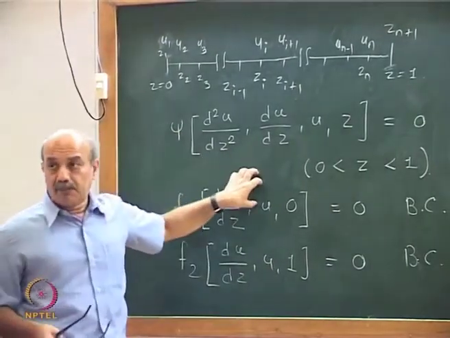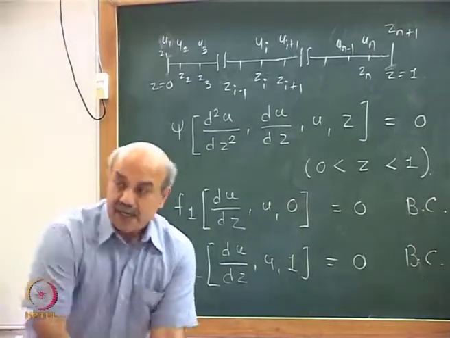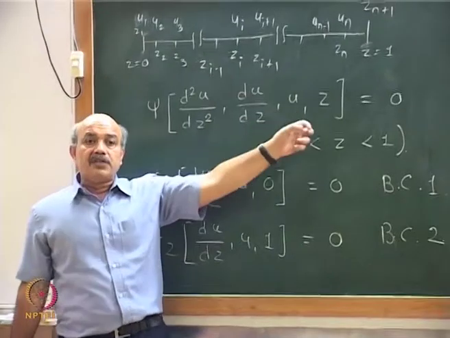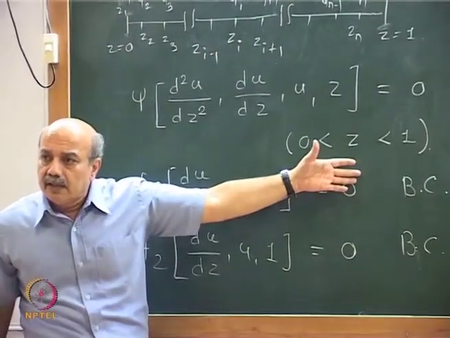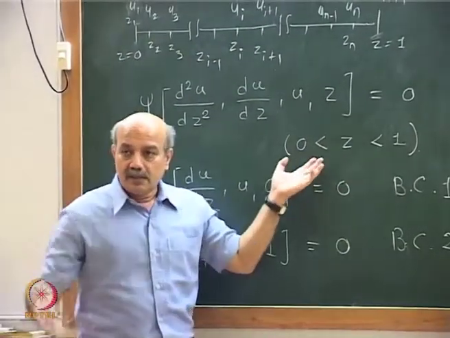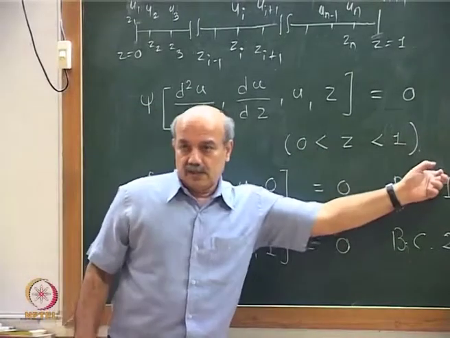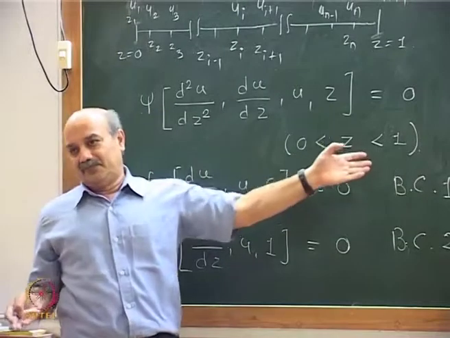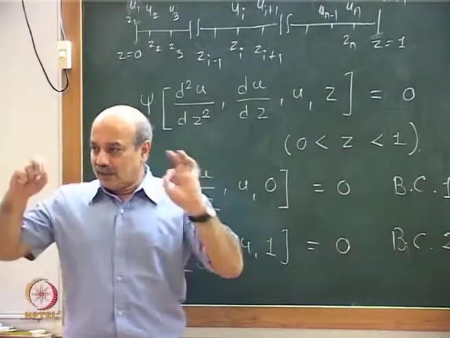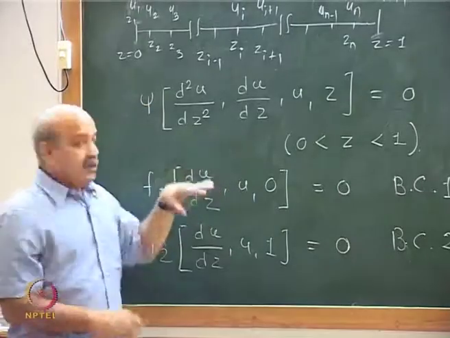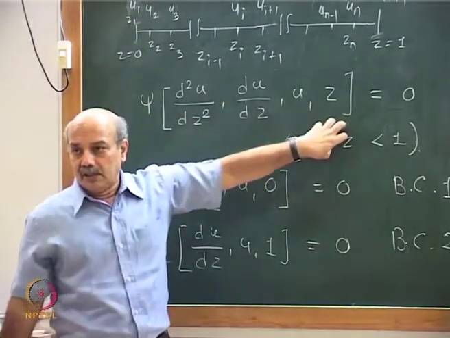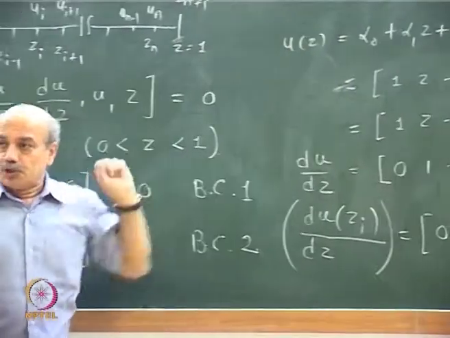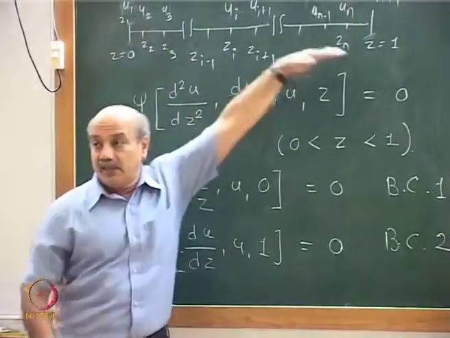Now I want to solve this problem. See this ordinary differential equation, where is it defined? It's defined on the domain 0 to 1. So where should it hold? Everywhere. Ideally, the true solution should hold at every point in this domain.